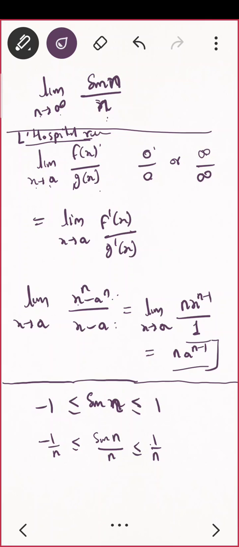So this is also converging to 0. This is also converging to 0. So what is your conclusion? By the sandwich theorem, you can say this limit will also go to 0. Do you agree? So the answer is 0. Do you agree?